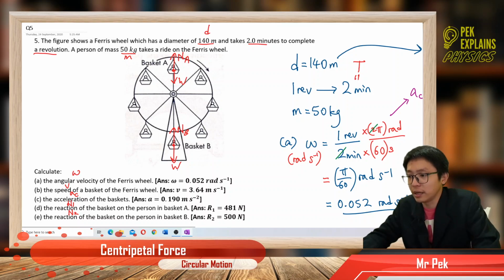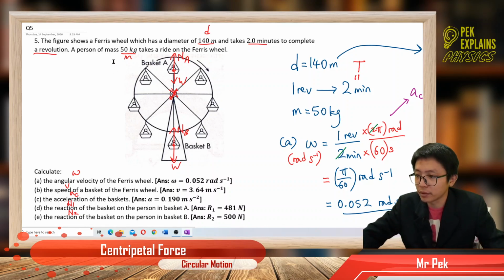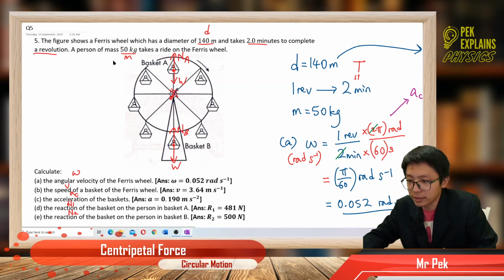But one thing is, you must look at the centripetal acceleration, towards the center of the circle. The center is over here. At basket A, our AC is downward because the center is below A. AC is towards the center.